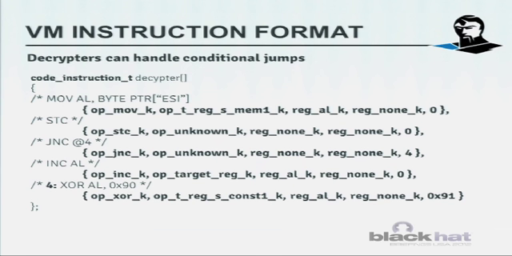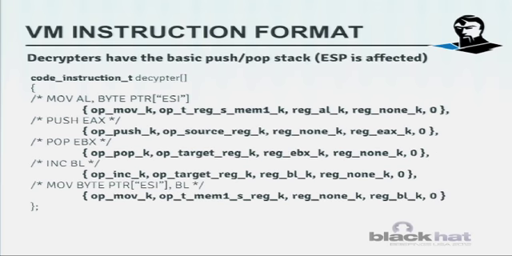Here are more complex examples of what you can do with this part of the virtual machine. You can create jumps as well. As you can see, line number 3 jumps to the label, so you can jump to that label just by creating an instruction that way. A similar story goes for the stack. The stack is also available, and the ESP register is modified.